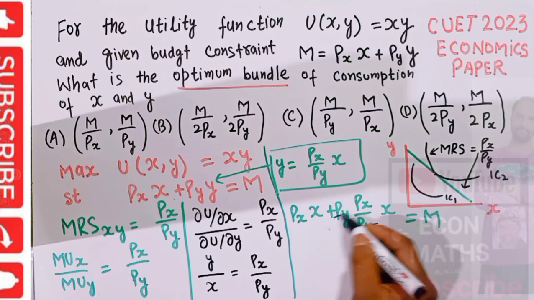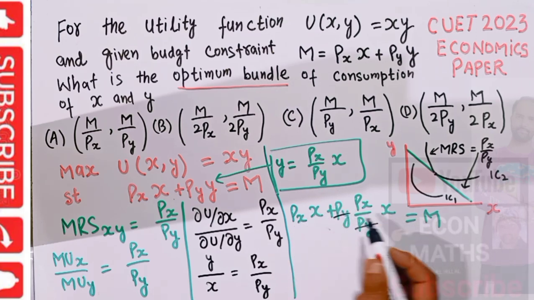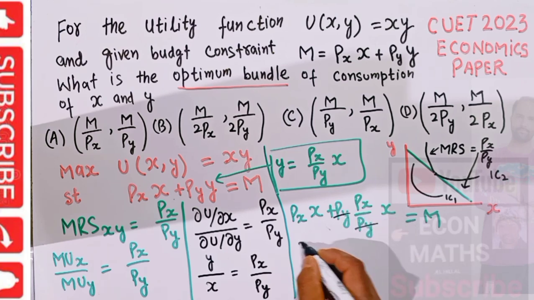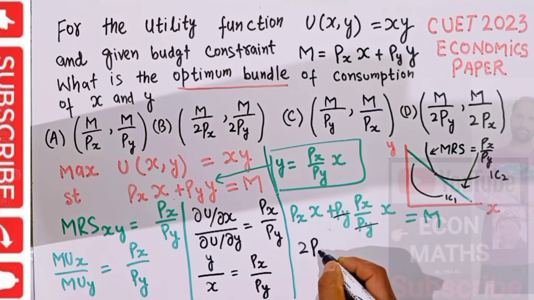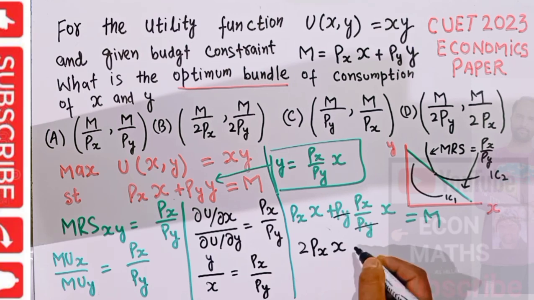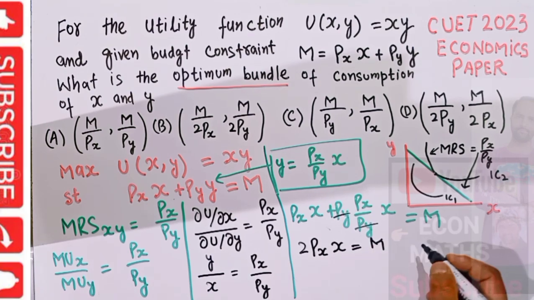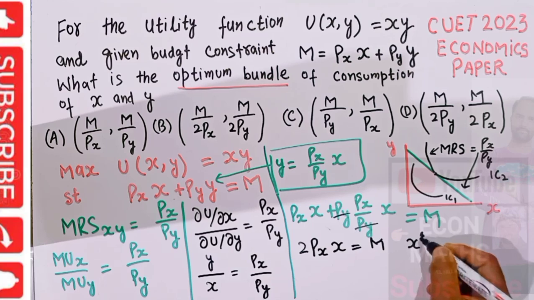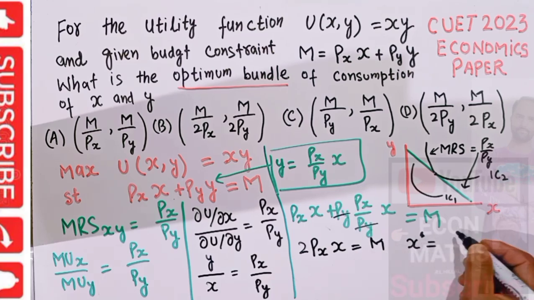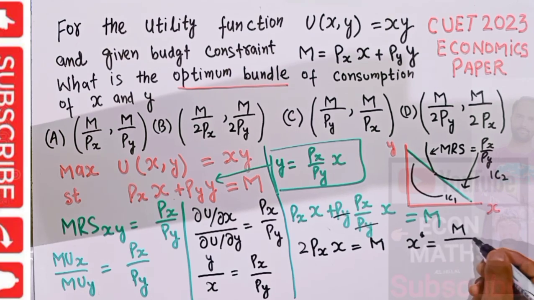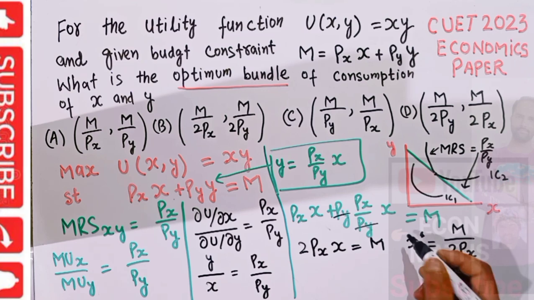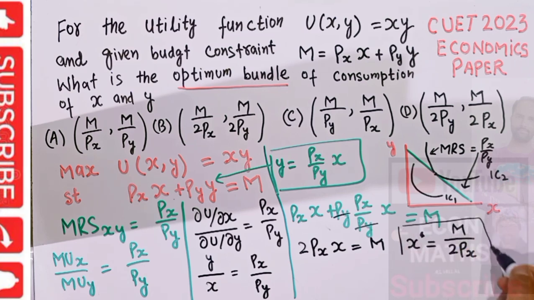Now py and py get cancelled, so px times x plus px times x comes out to be twice px times x, which should be equal to m. This gives us x, that means demand for good x, or the optimal bundle of good x, will be equal to the total income of the consumer divided by, if I transpose this, twice px. This is the value of x.